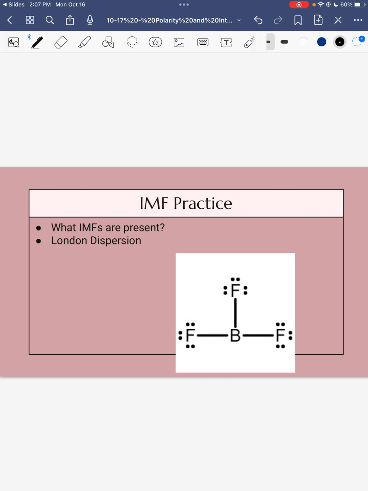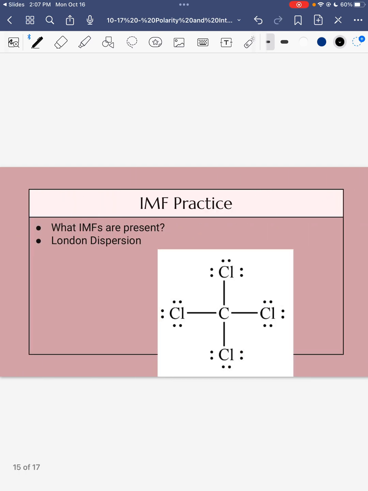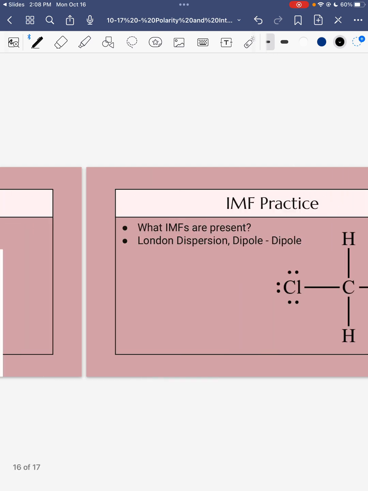Next, we've got a nonpolar molecule here. Because we're working with a nonpolar molecule, only London dispersion forces are going to be present. Again, another nonpolar molecule. Because we have a nonpolar molecule, only London dispersion forces are present.